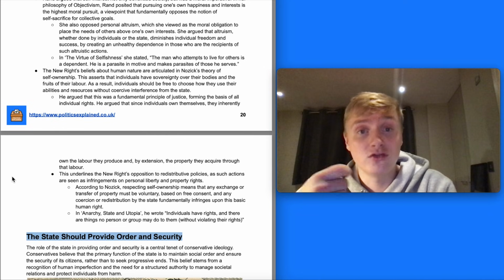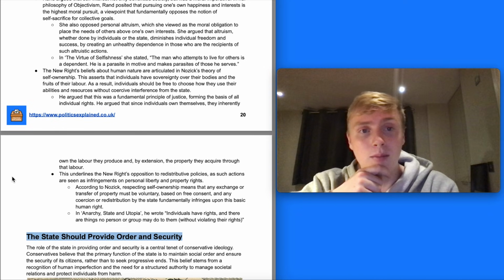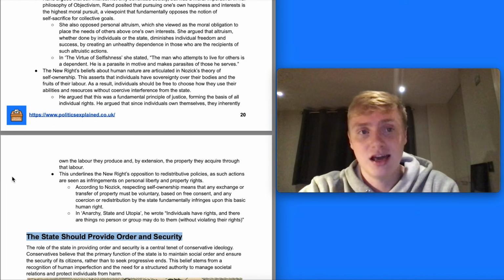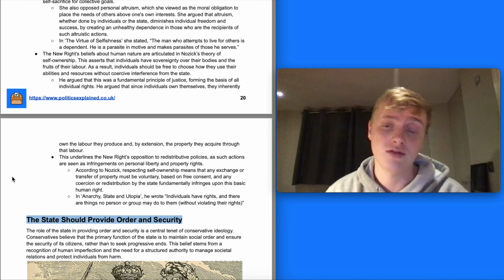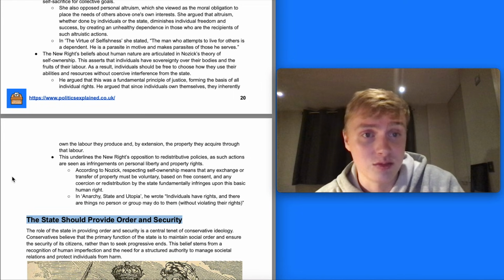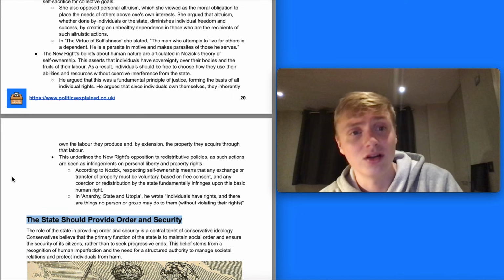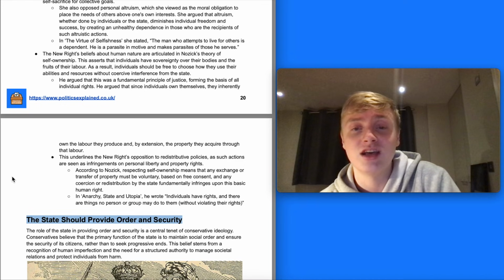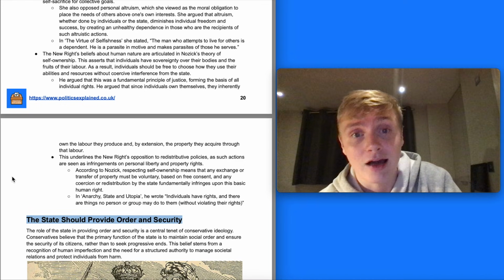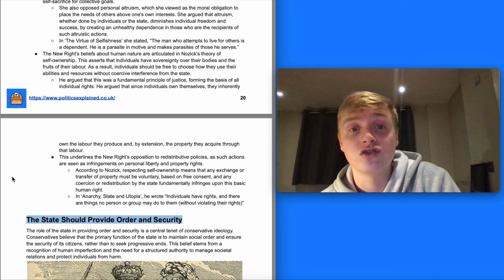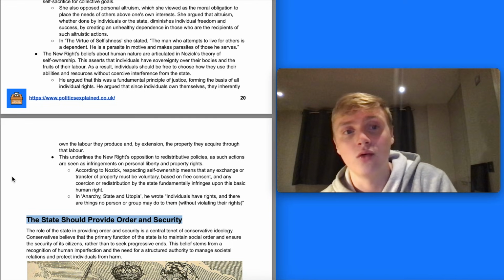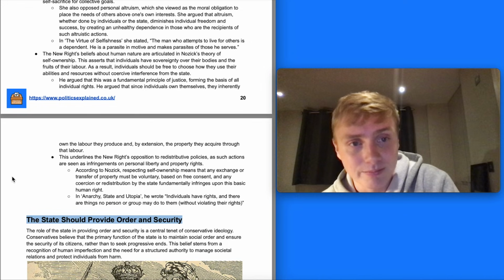So she opposed personal altruism, as I spoke about earlier in the video, which she saw as creating an unhealthy dependence in those who are the recipients, which shows a lack of support for paternalism as well. And also important is Nozick's theory of self-ownership. This asserts that individuals have sovereignty over their bodies and their rights, and as a result, they should be free to choose how they use their abilities and resources without coercive interference from the state.